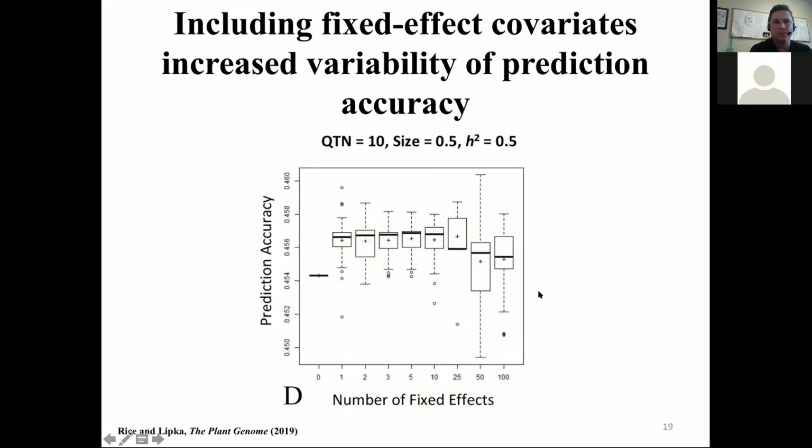Yes, so this is on question 19, and right. Let me make sure I get the question down correctly, and then once I'm on the same page, I'll answer. Right. So this is a result for one of the genetic architectures we simulated. And in this particular instance, we see an increase in prediction accuracy.